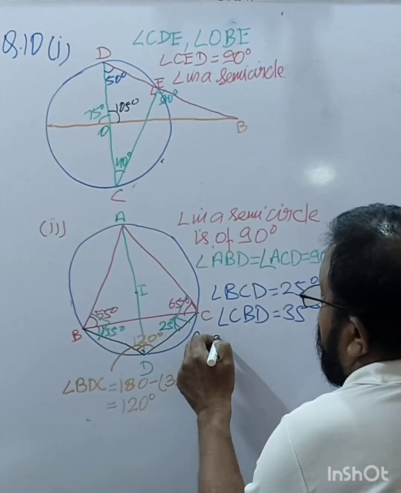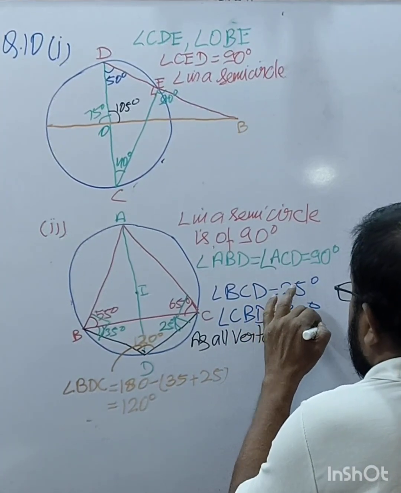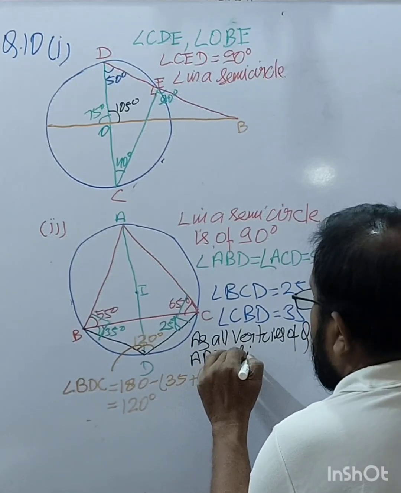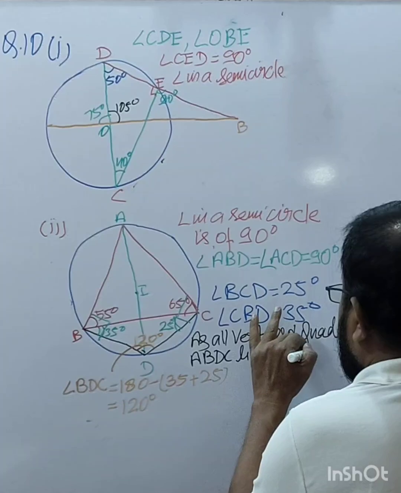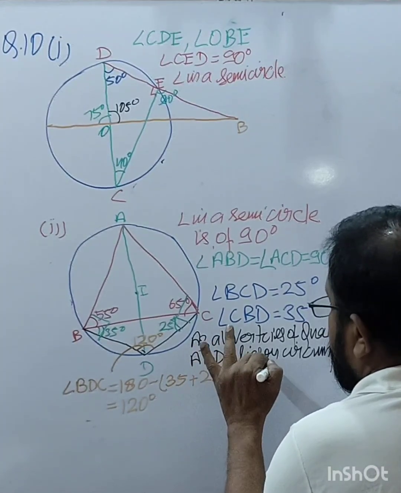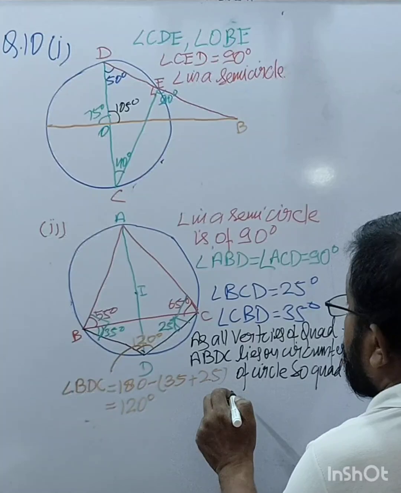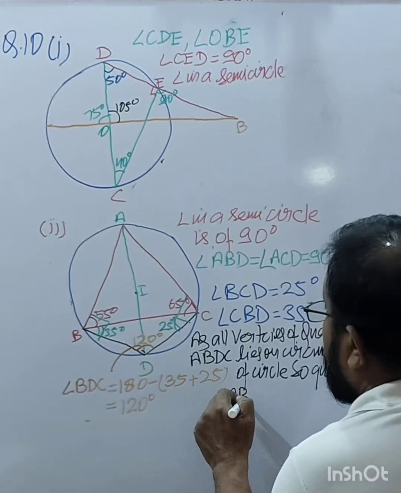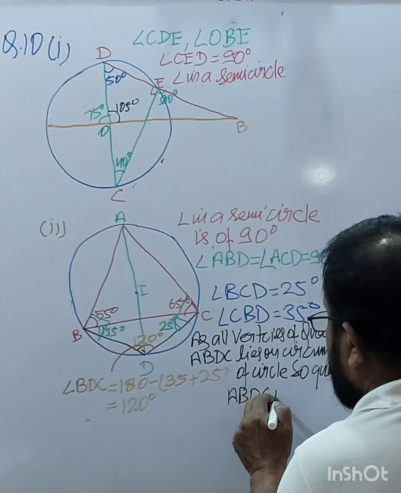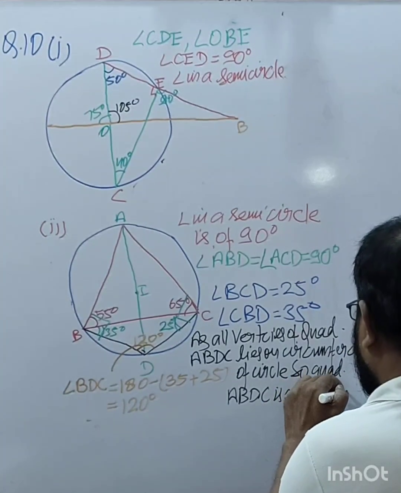As all vertices of quadrilateral ABDC lie on the circumference of the circle, quadrilateral ABDC is a cyclic quadrilateral.